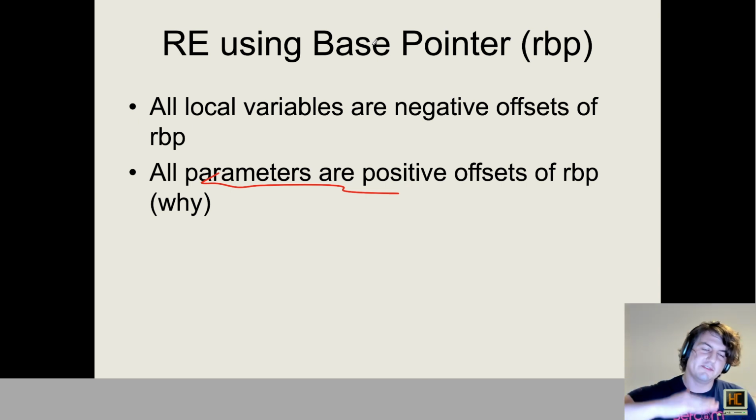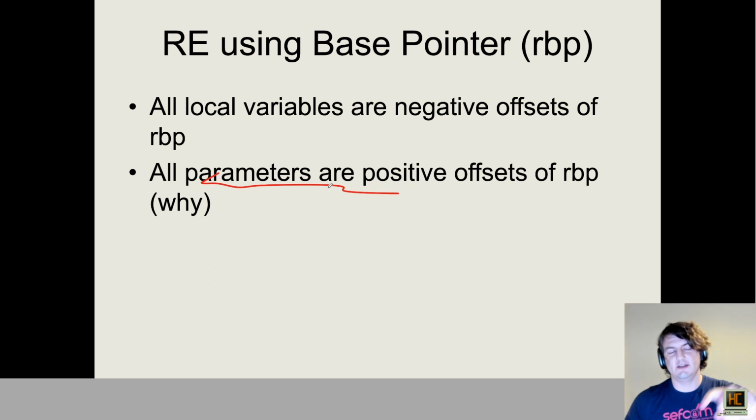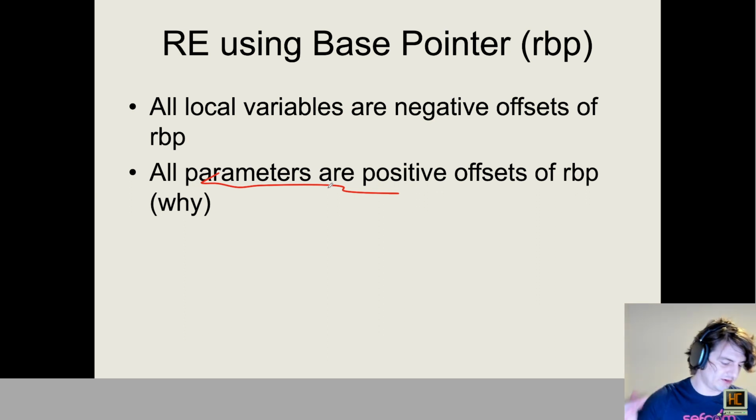If you have negative offsets from RBP, then you know those are local variables. Parameters will either be positive offsets of RBP if they've been pushed on the stack, but in the System V calling convention, more often than not they'll be in registers. So you'll see, oh, this register was never set, which means it must have been set by somebody that called us.